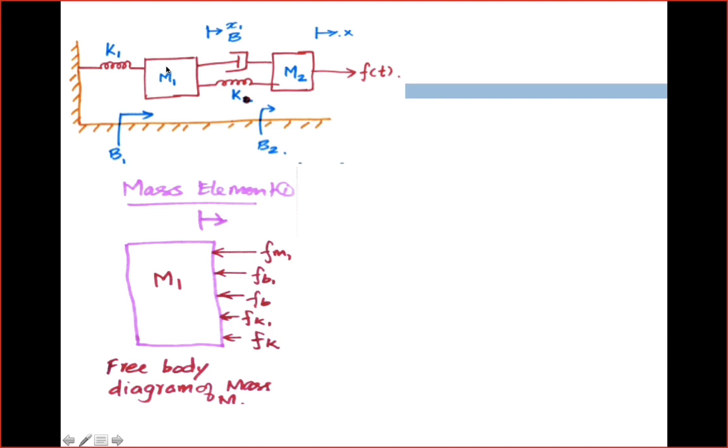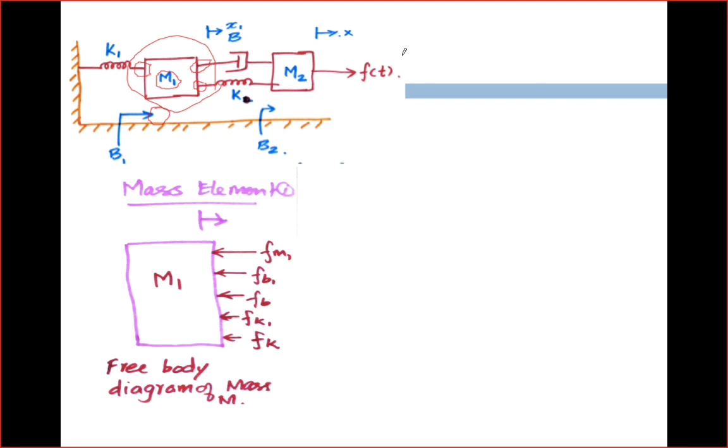In this problem, mass element 1 is connected with a spring K1, then a dashpot, then another spring K2, then a friction B1, and again the mass. So, 1, 2, 3, 4, 5. Five different things are connected to mass element 1.